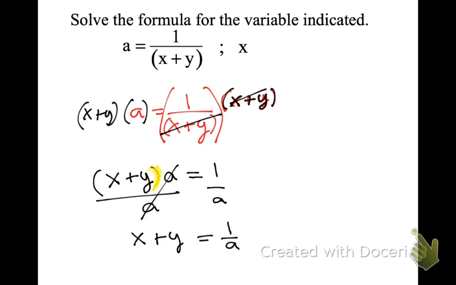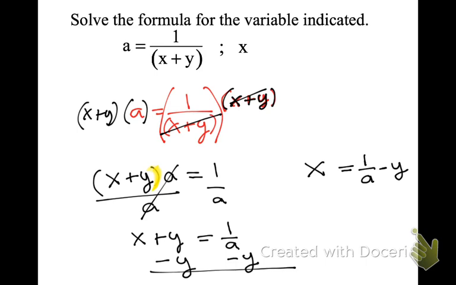Equals 1 over A. Now what? Cameron? Subtract the Y. And we end up with X equals 1 over A minus Y. I don't know if that's how the book did it, but that's okay. You can do it that way.